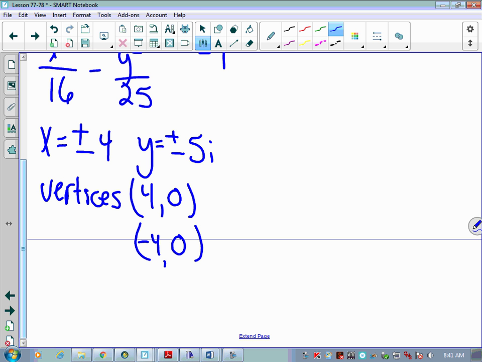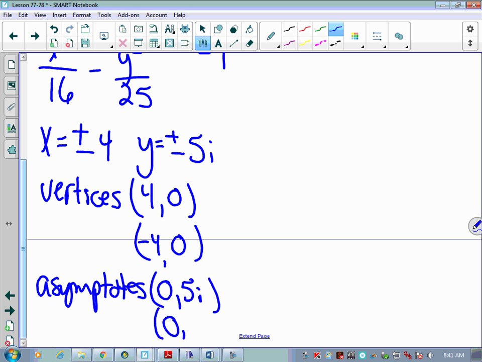Our asymptotes, and I'll explain what those are here in a second, are going to be attached to the i values. So 0, 5i, and 0, negative 5i. Oh, I'm sorry, I messed that up.